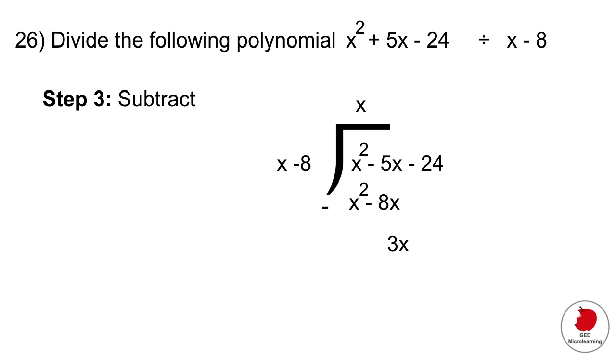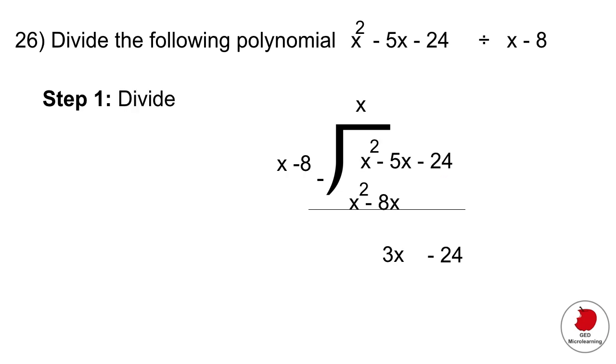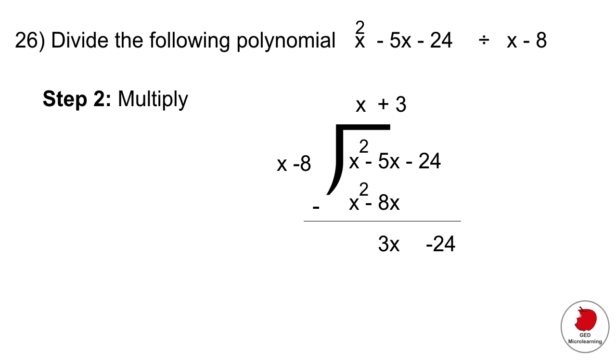And then remember, we have to bring that number down, so that's 3x minus 24. And again, we're going to start a second cycle. Step 1, divide. So divide 3x by x. That gives us 3. We put the 3 up in the division bar. Step 2, multiply.